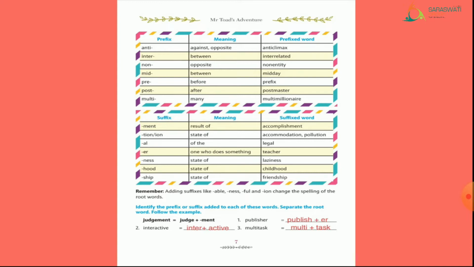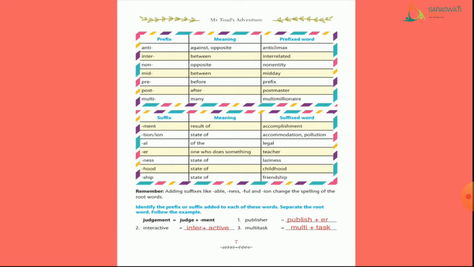Let us see the definition of suffix. A suffix is a letter or a group of letters that is added at the end of a word to change its meaning. For example, wake up and take over from us this vile toad, a criminal of deepest guilt and matchless artfulness and resource.